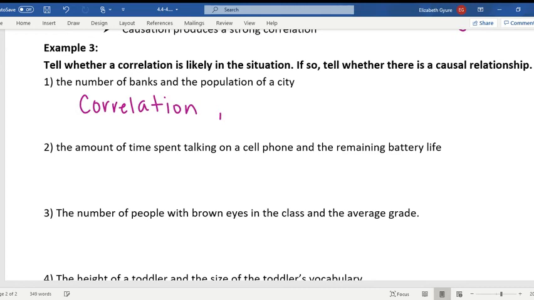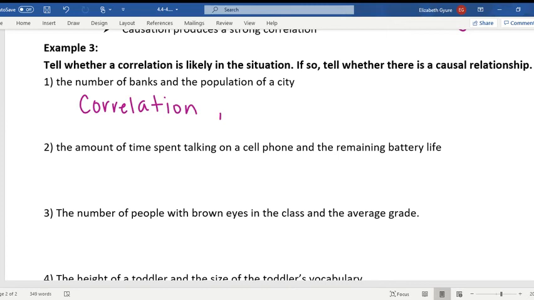Now, my next question would be, does the number of banks increasing necessarily cause the population of a city to increase? No, not necessarily. Now, if you think about it the other way, could the population increasing maybe cause the amount of banks to increase? Maybe. But I would say with this one, sure, there's a relationship.